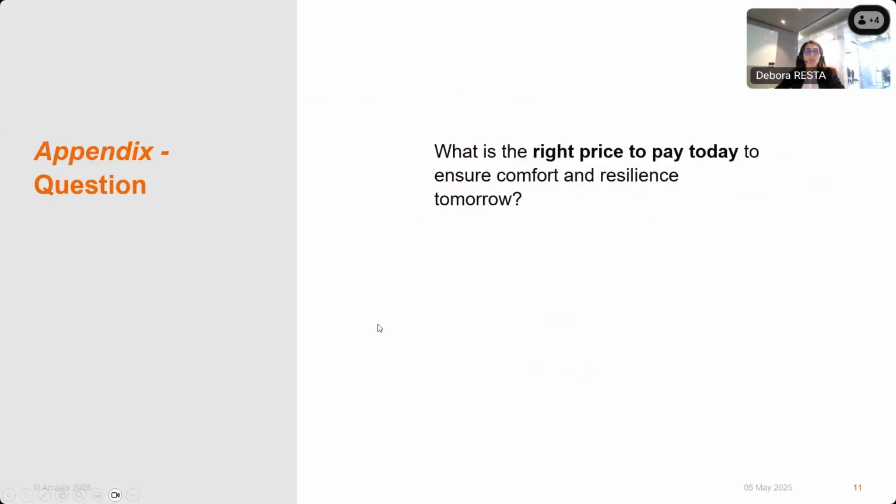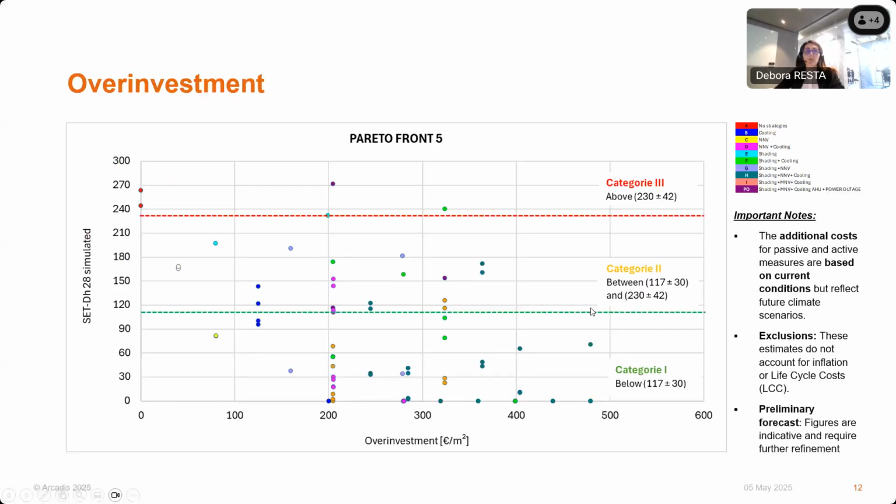Now, not the main focus, but we also asked: what is the cost of building resilience today to ensure comfort tomorrow? We performed a preliminary economic evaluation in real terms, no inflation adjustment, considering the future climate scenario. The chart shows the additional investment cost needed compared to a standard compliant building built today.